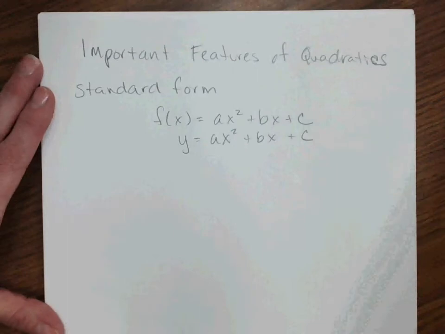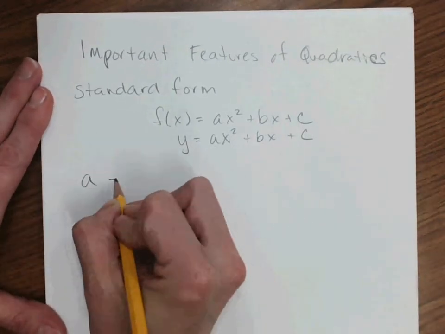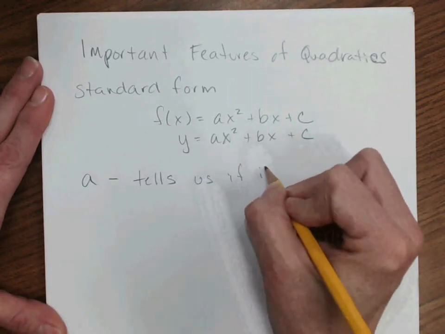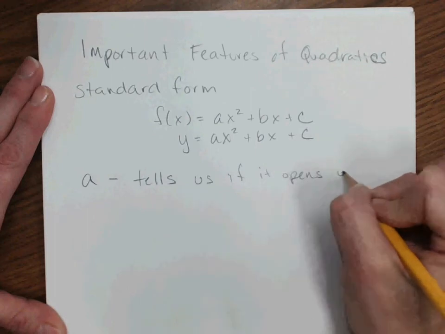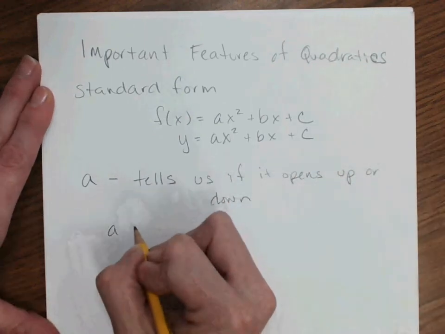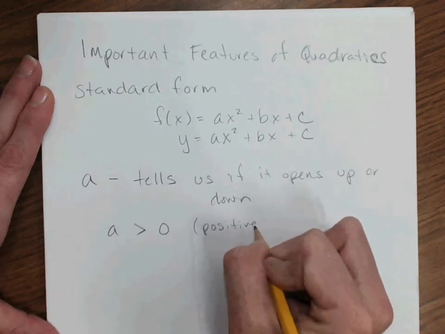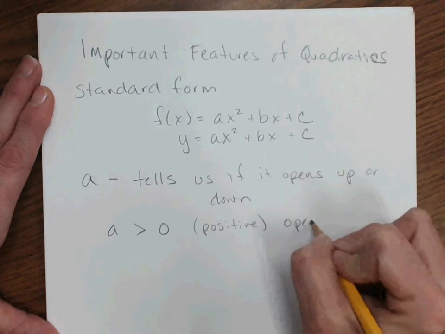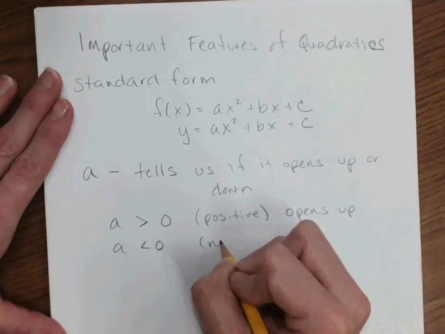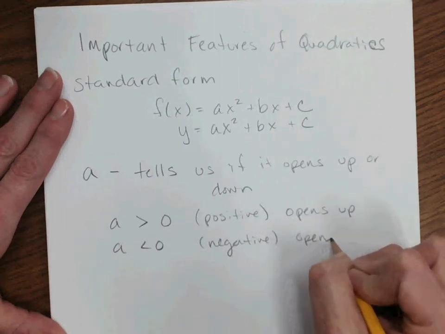The thing that's different about those is our a. So a tells us if it opens up or down. If a is greater than 0, or positive, it opens up. If a is less than 0, or negative, it opens down.